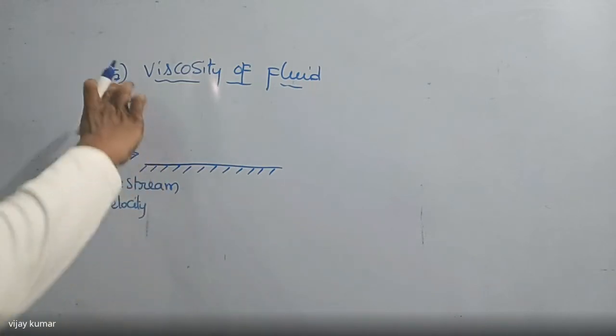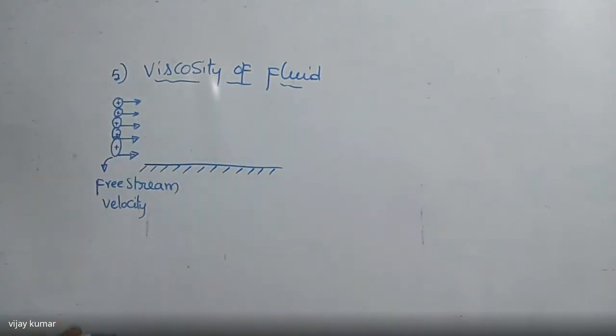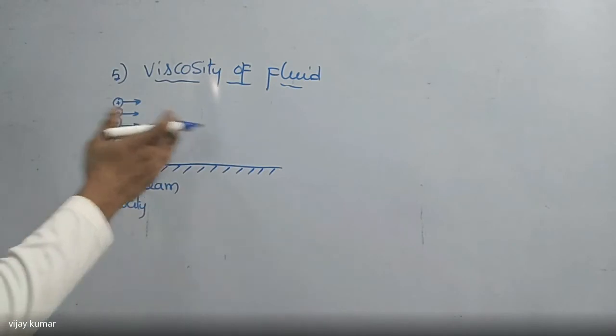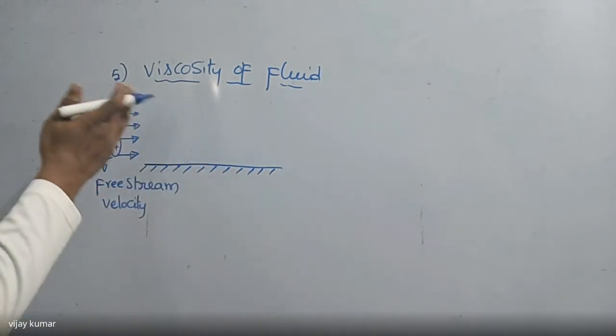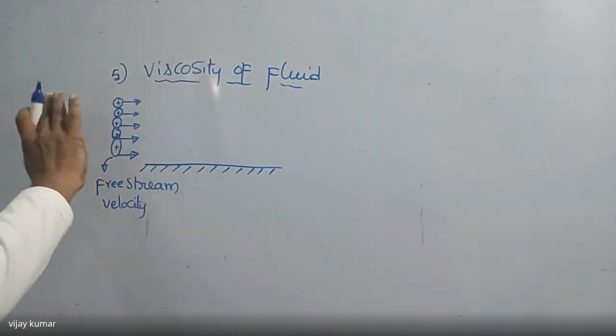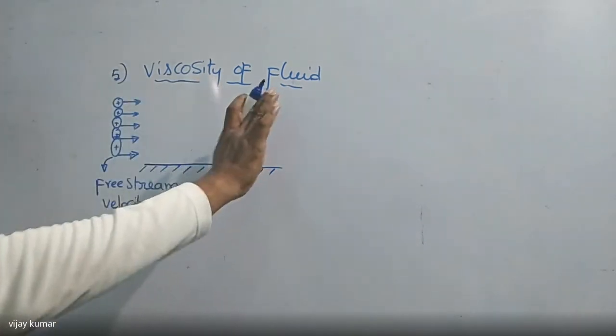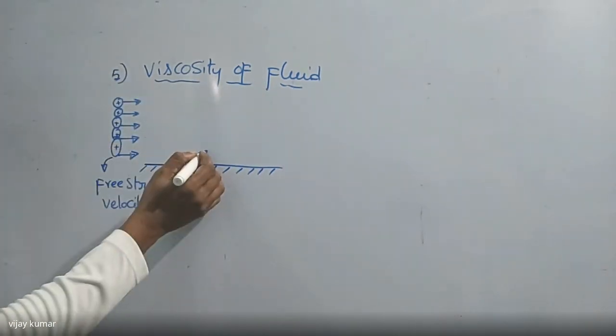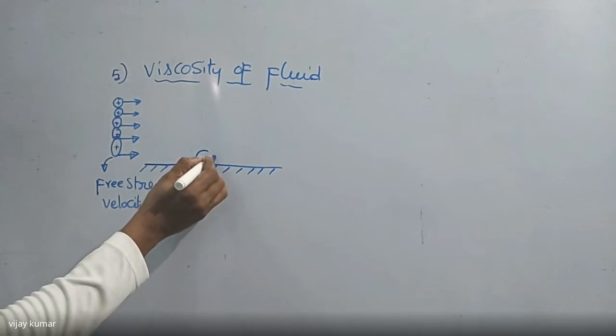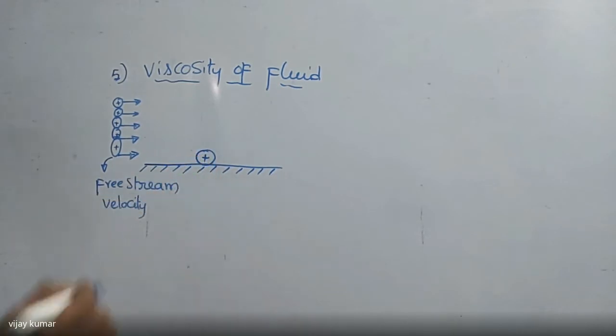Now, when the fluid is passing over the boundary, what happens? When the fluid touches the boundary, this particle is in contact with the boundary here. Then what is its velocity?